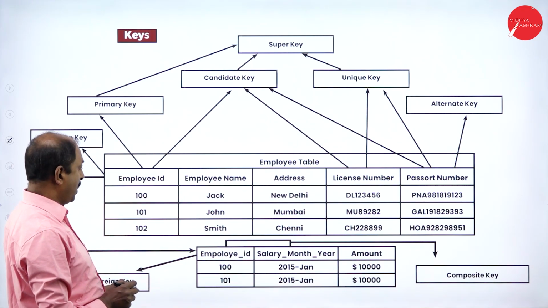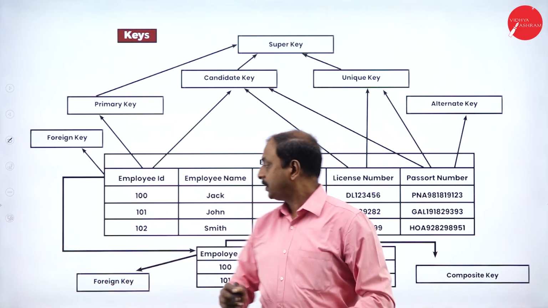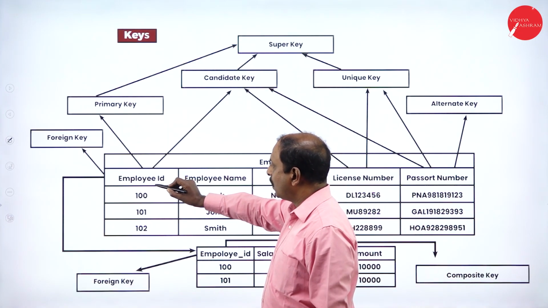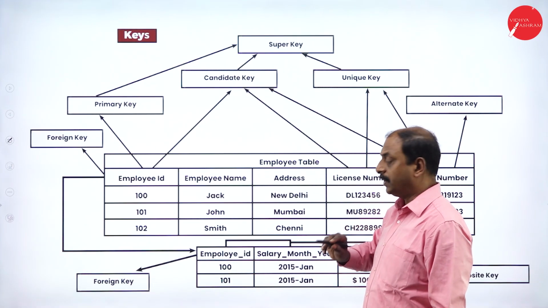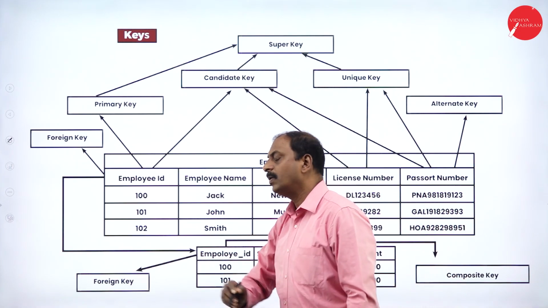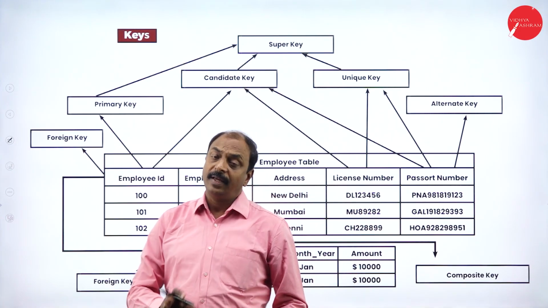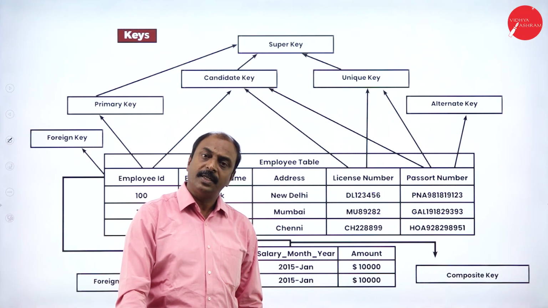Similarly, foreign key. If you consider there are two tables, two relations here, so this is one table, another table. The primary key of one table is the foreign key of another table. So this is the definition of foreign key. By looking at this diagram, you can easily remember the definitions of different types of keys in a database.